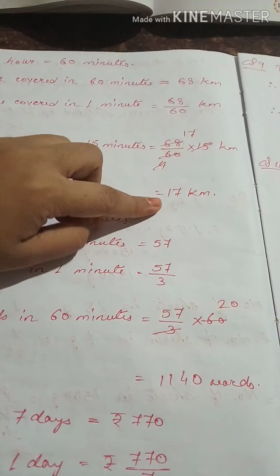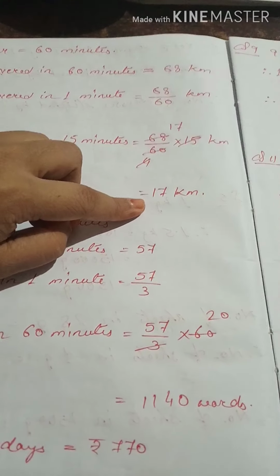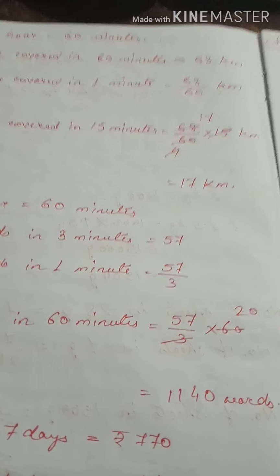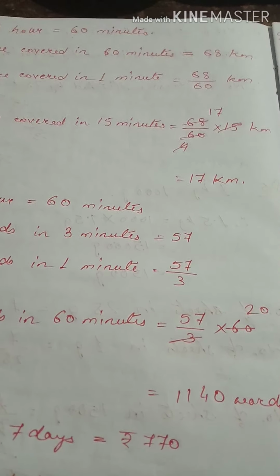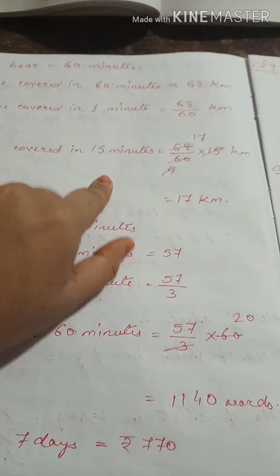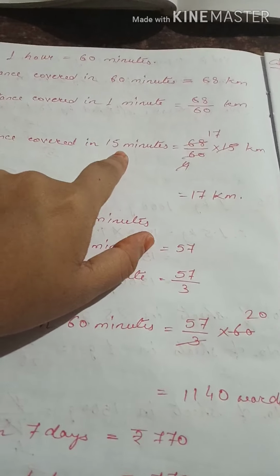Therefore distance covered in 1 minute is 68 by 60. Therefore distance covered in 15 minutes is 68 by 60 into 15. After cancellation, the answer is 17 kilometers. In all the questions you'll find this is almost the same: we are finding out for one and then we are finding out for the required number.